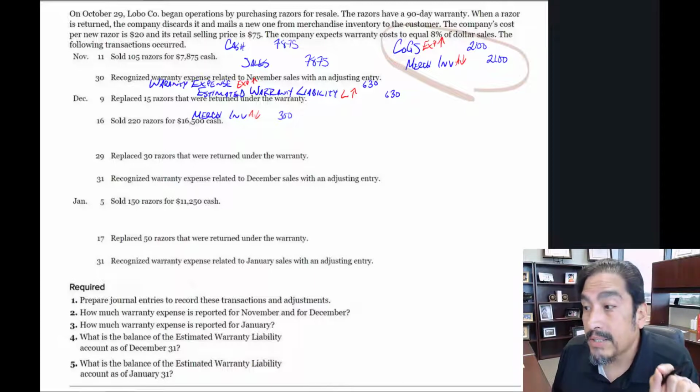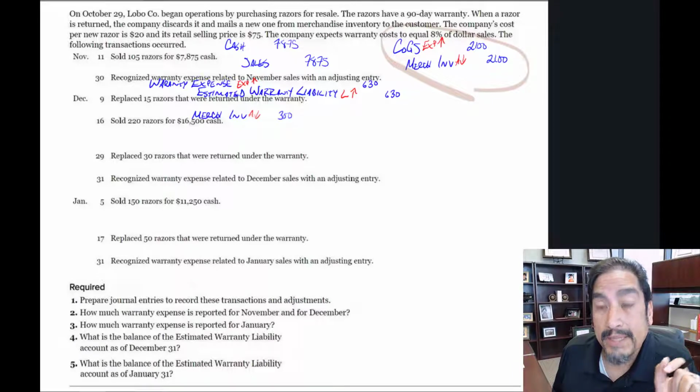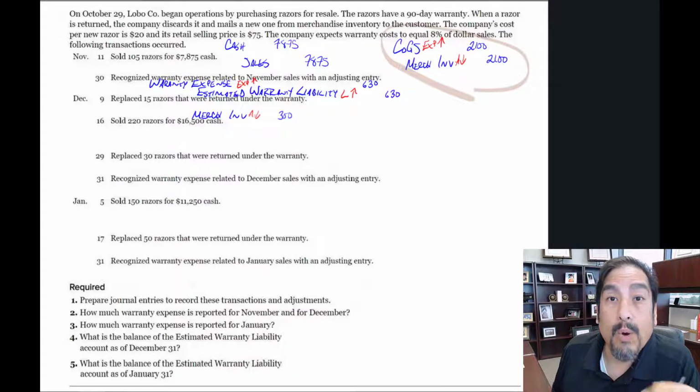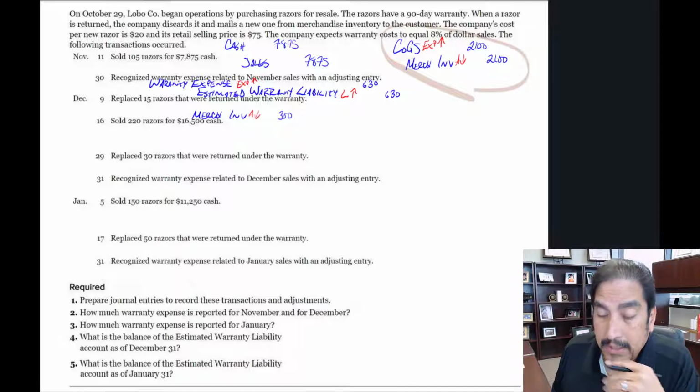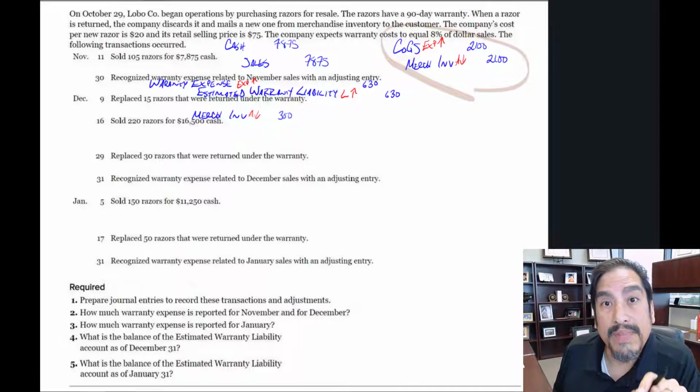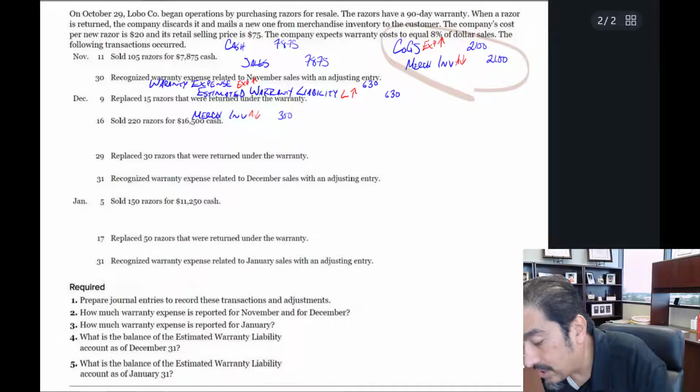We are not going to debit the expense this time because we already did that back on November 30th. We have already hit the warranty expense account. So now we're going to use up some of that estimated warranty liability on December 9th. So that's what this looks like.